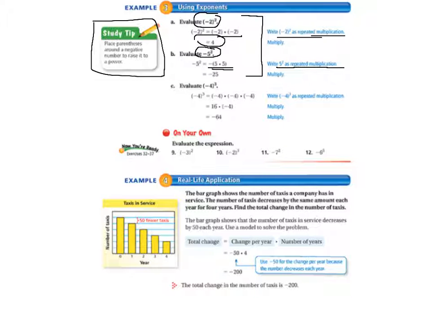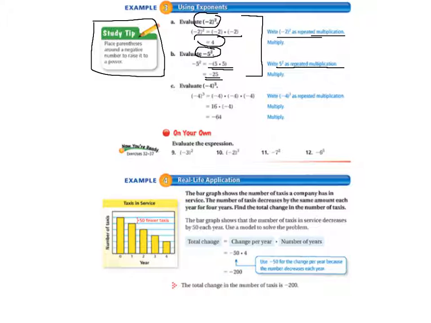So we have 5 times 5 equals 25, and since there's only one negative sign, our answer is negative. And then we're going to move on to letter C. We're evaluating negative 4 to the third power.